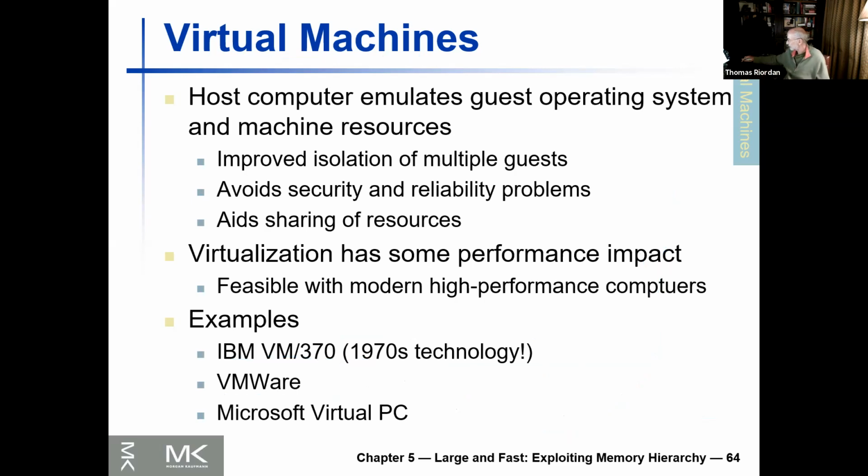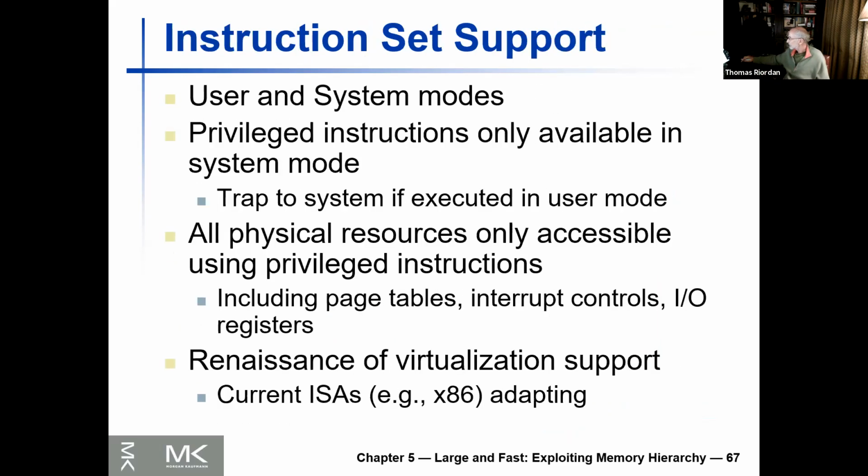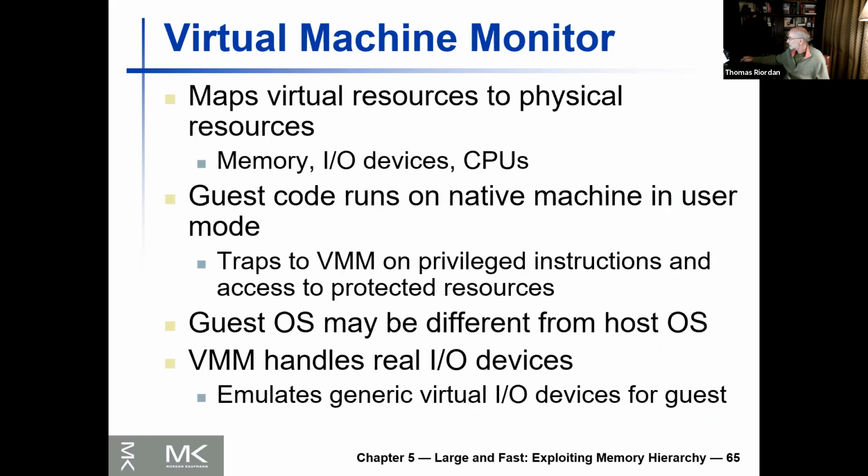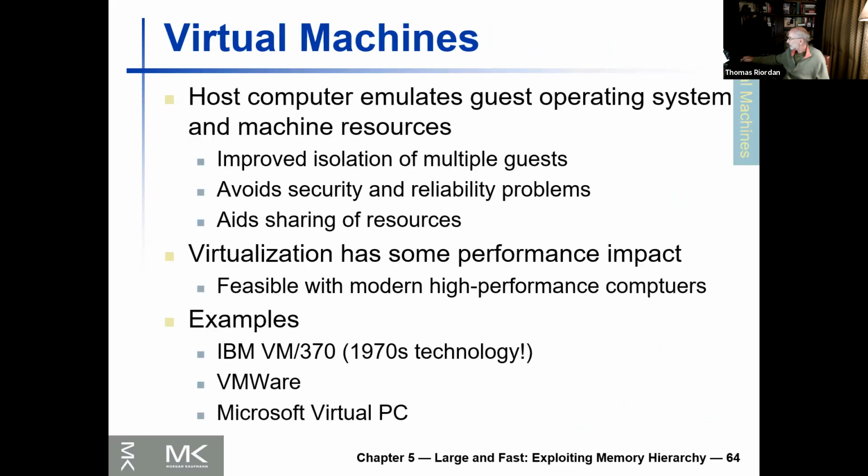Let's see if we have a picture here. No, we don't have a picture. If this is the software stack, here's Microsoft. So here's Windows. And Windows ran on top of Intel.